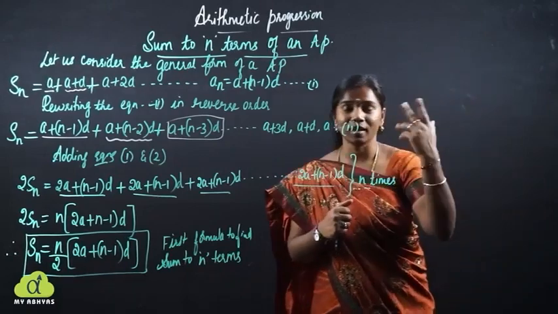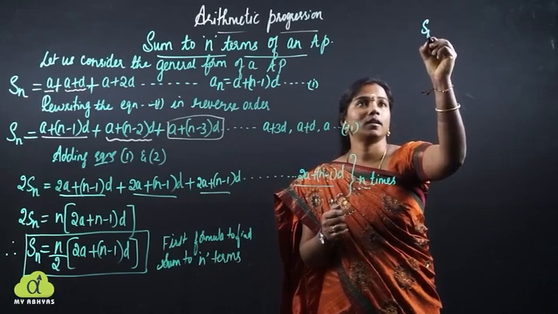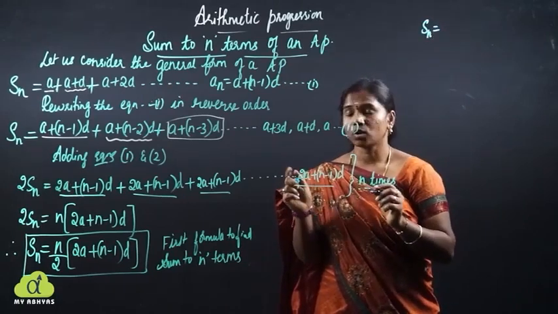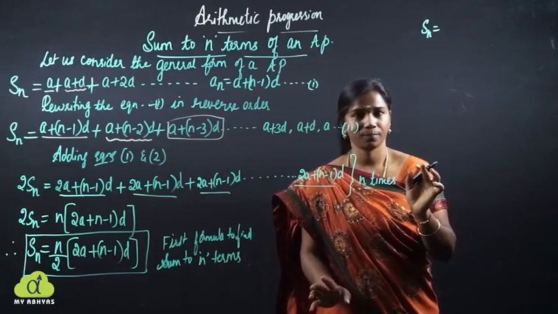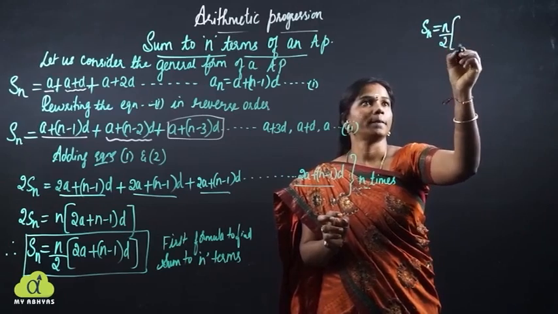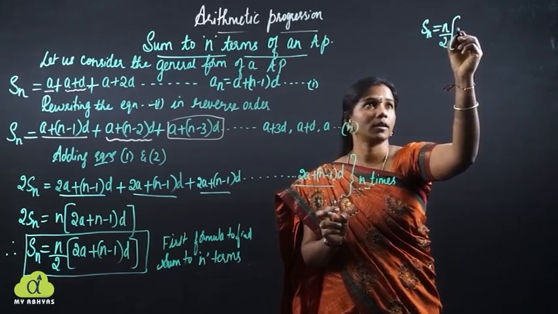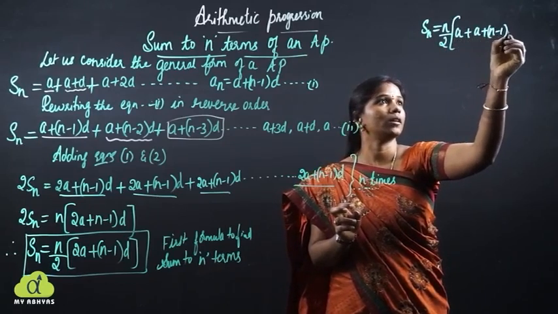Now let us go to the second form of it. It is Sn is equal to, instead of writing 2a, I will just write it as a plus a. Look at this magic. It is n by 2. Open the bracket. Here it is a plus n minus 1 into d.